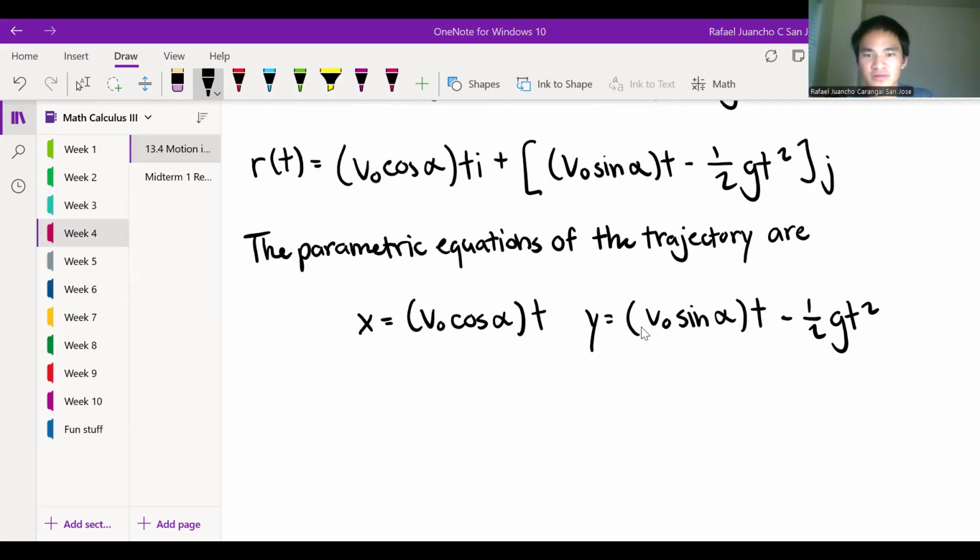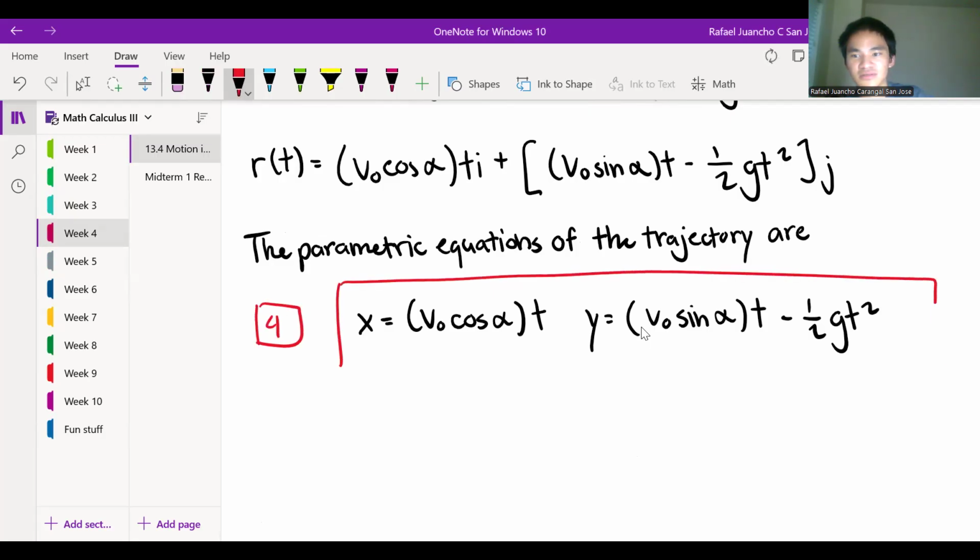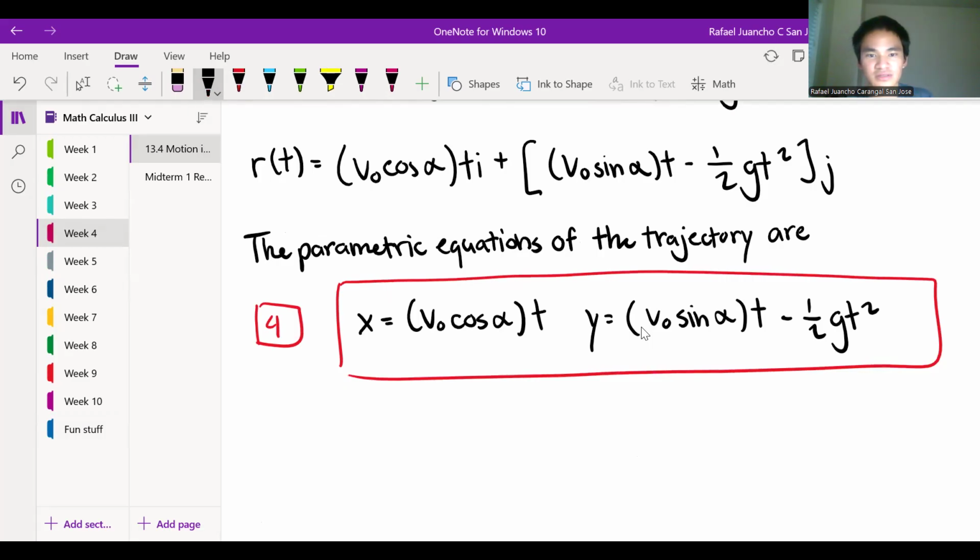And so from there, the horizontal distance, d, is the value of x when y is 0. And setting y equals 0, we obtain t equals 0. Okay, let me derive the horizontal distance.